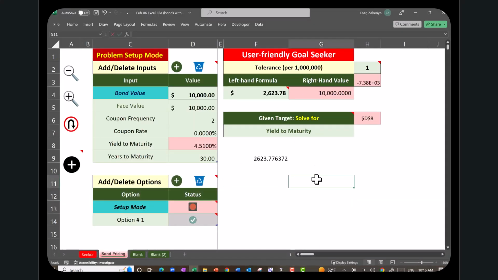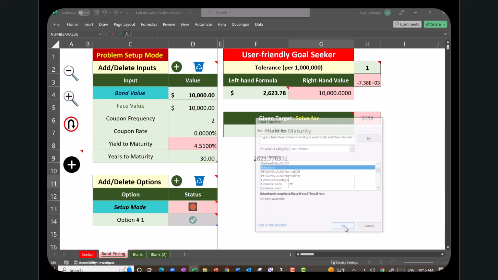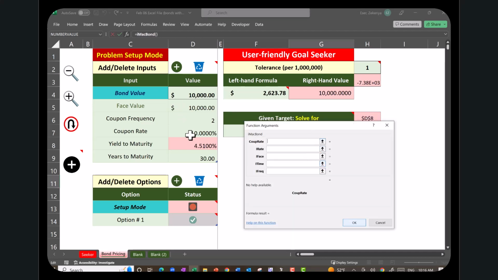So for here, let's do user defined, IMAC bond, not IMAC D. Coupon rate, yeah, in fact, it's good that it's zero coupon.